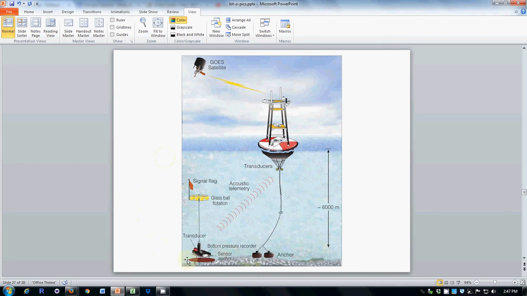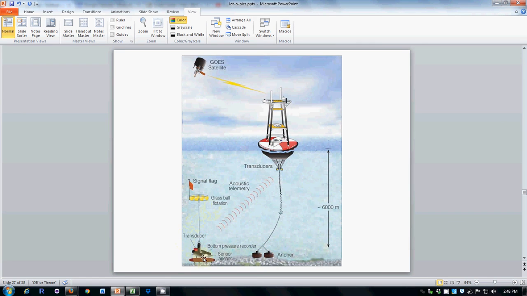This is actually a system which detects tsunamis and transmits them through a satellite to monitoring stations. So it's a tsunami monitoring system, a tsunami warning system. What's interesting about this is that the sensors themselves are placed at the bottom of the ocean. The sensors over here, those are just anchors.